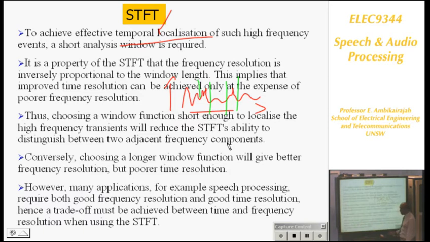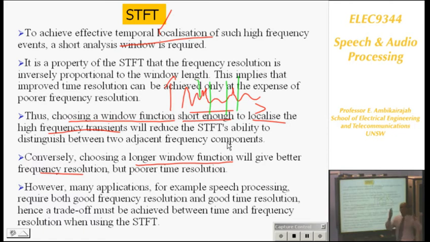If you use a large window, during that window frame the peak, which is a high frequency component, will be removed. A large window has a low cutoff frequency, so the high frequency component is removed. It's not a good idea. So in short-time Fourier transform, we have to choose a window function short enough, a small window, for localizing the high frequency transient, and a longer window function to give better frequency resolution.